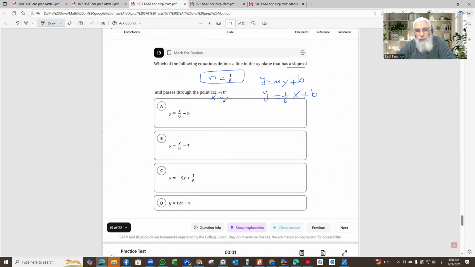It passes through x is 12 and y is negative 7, so 1 over 6 times 12 is 12 divided by 6, which is 2. 2 plus b equals negative 7. To solve for b, we subtract 2 from both sides. So b is negative 9. So the equation is y equals 1 over 6 x minus 9. This is the equation.